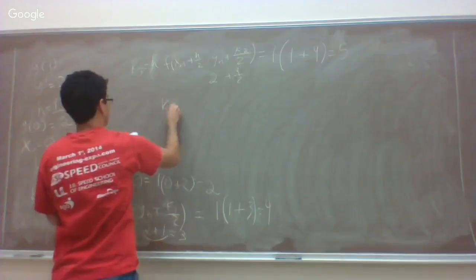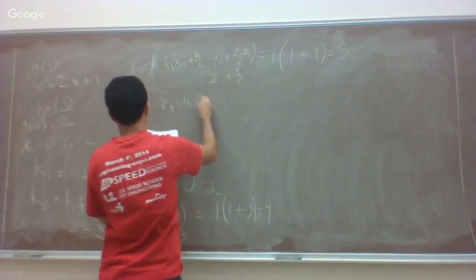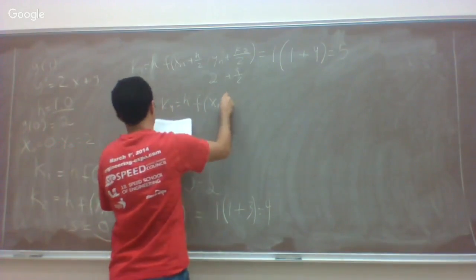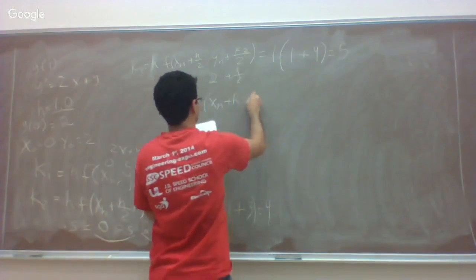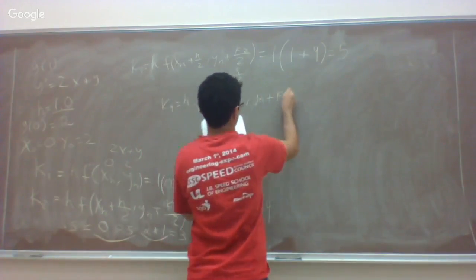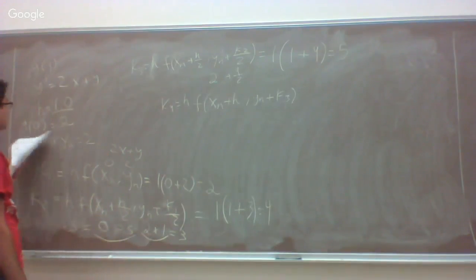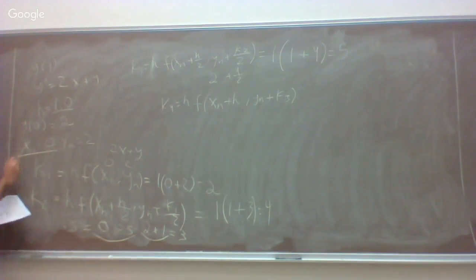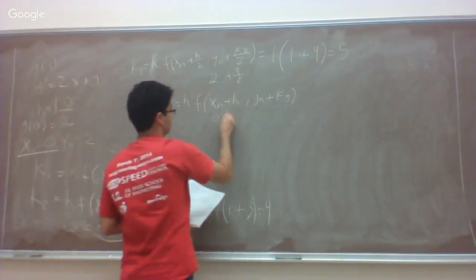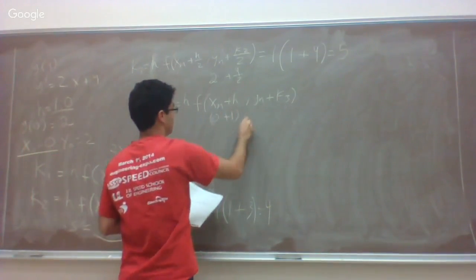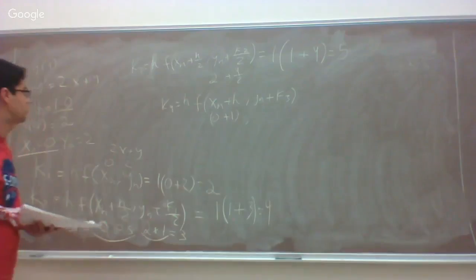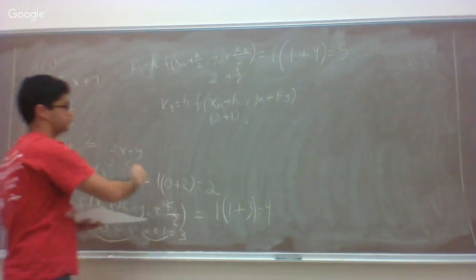K4 is equal to h times the function with x sub n, this is where a change happens, plus h, comma y sub n plus k3. X sub n, again, is a 0. So this is 0 plus 1. My y sub n is a 2.